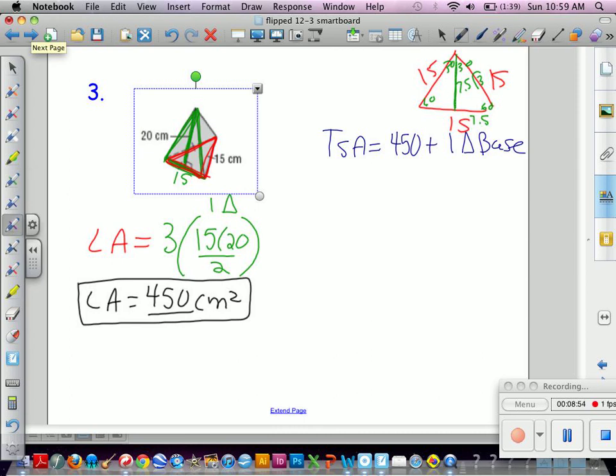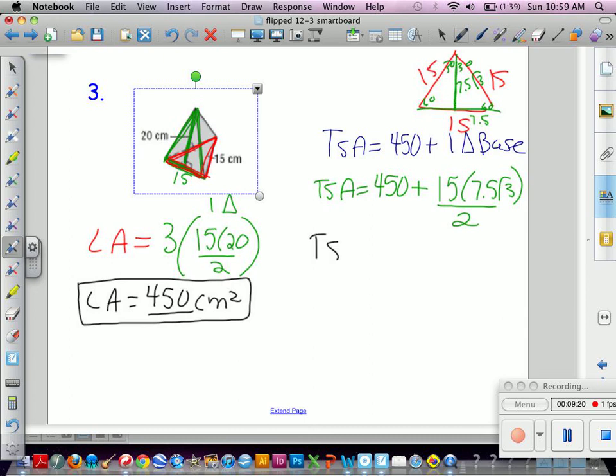So now I'm going to go ahead and do my total surface area. I still have my lateral area, which is 450, plus I'm going to do one base, which is a triangle, so I need the base of the triangle, which is 15, times the height of the triangle, which is 7.5 root 3, and then I'm going to divide by 2.